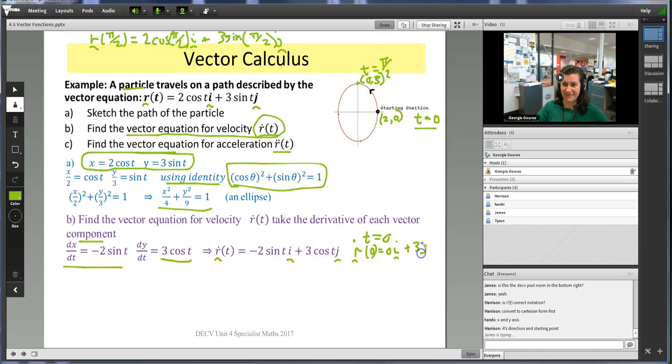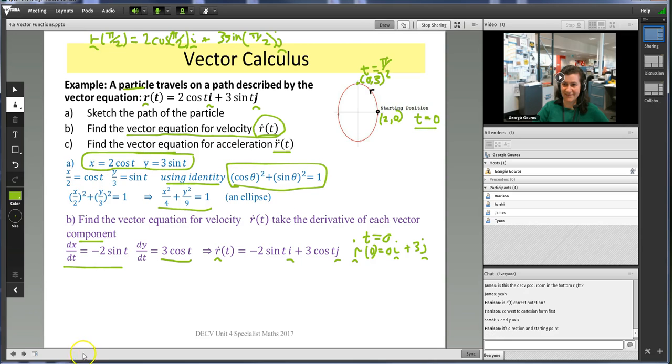So this is now defining the vector representing the velocity of this object. So at this point here, we're at t equals 0, this object is moving at 3 units per time interval, 3 units per second or whatever, in the j direction, straight up here. That sort of makes sense. Right at that very instant.